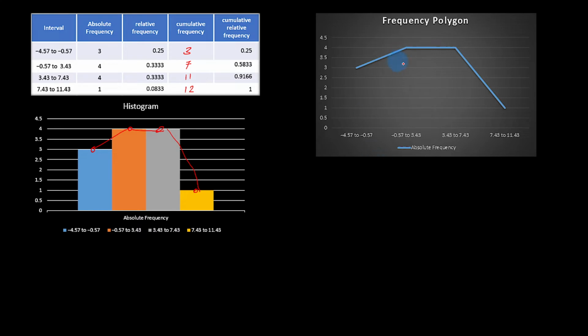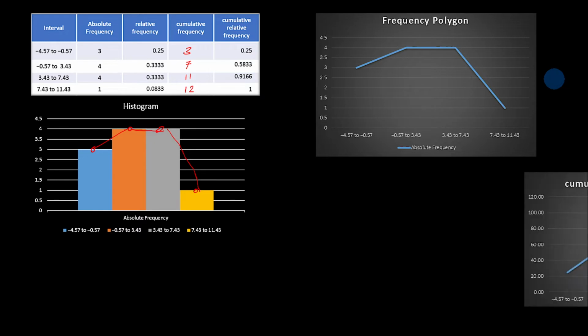The frequency polygon just connects the middle points of each interval and creates a smoother line, so you can have a better idea of how the data is distributed, and that becomes very important later on. And again, in Excel, once you have drawn your histogram, there are functions that let you add a frequency polygon line on top of it. You can do a lot with Excel.